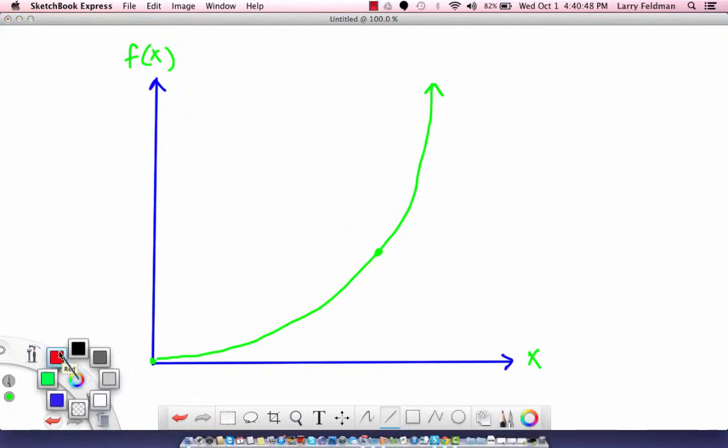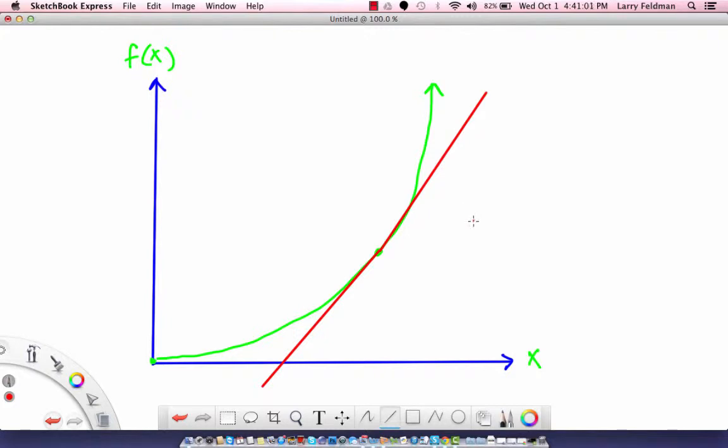So, for example, this would be a tangent line at this point. Okay, at this point, the red line is a tangent to the green function, or it's tangential to the green function at that point.